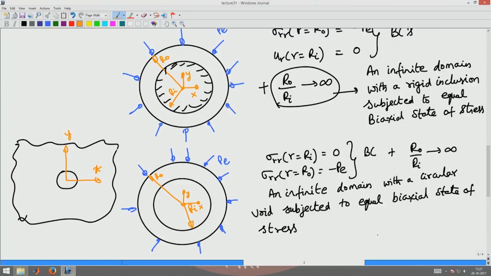So, this shape of the domain means it is infinite, it is extending to a large area, and you are subjecting it to equiaxial pressure PE in all directions. Since the domain is infinite, the PE is always normal to the surface, so it will become an equiaxial state of stress.